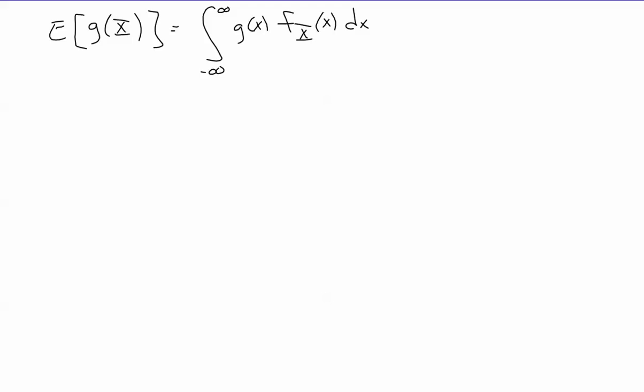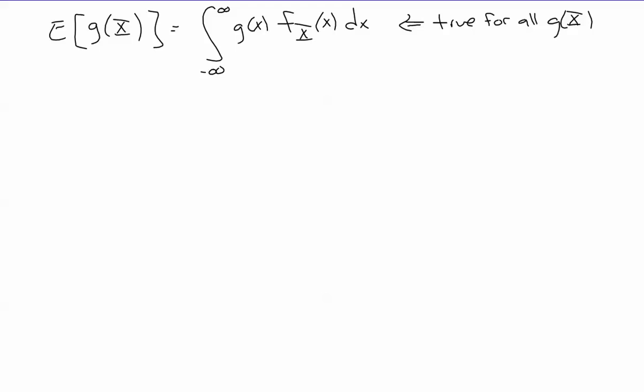It turns out when I started this derivation I said that my transformation function g was always non-decreasing. It turns out if I looked at always non-increasing functions and did some mathematical gymnastics, I would come to this exact same result. This is true for all g. Okay, that's true in general for g always increasing or g always decreasing, or anything in between.